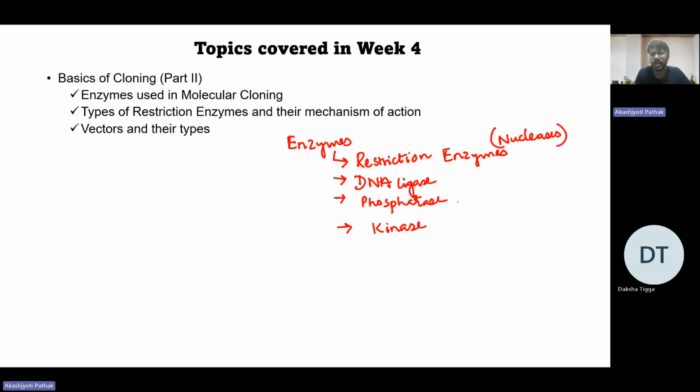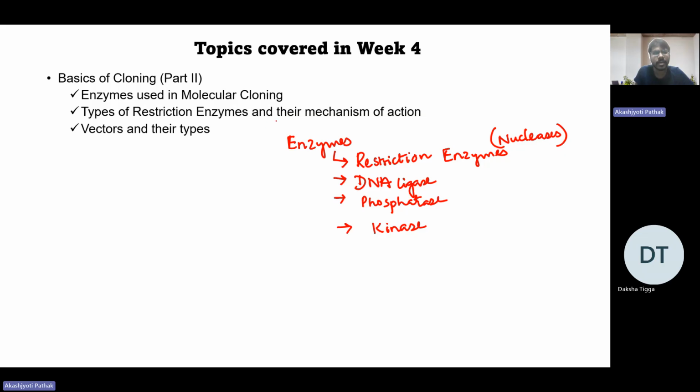These are some of the very commonly used enzymes, and we need to understand the function of each of these enzymes, so that when performing a cloning experiment, the concept of the function of each enzyme is known, so that we can understand how to perform different experiments.